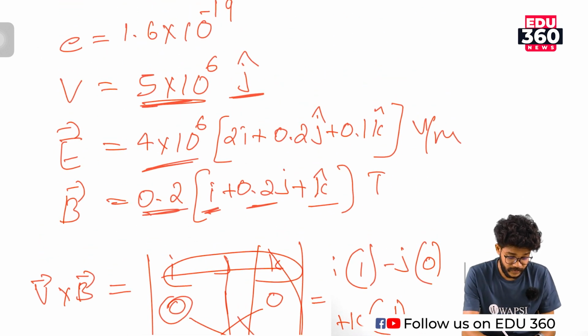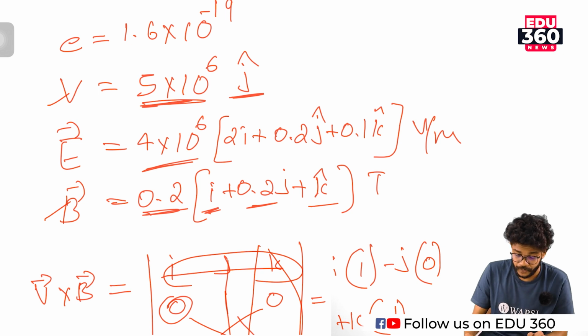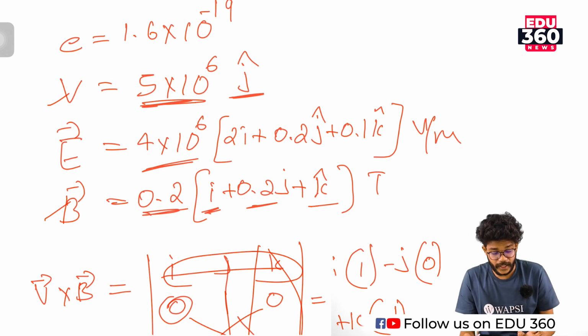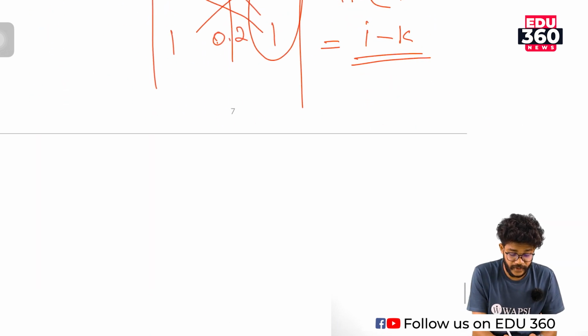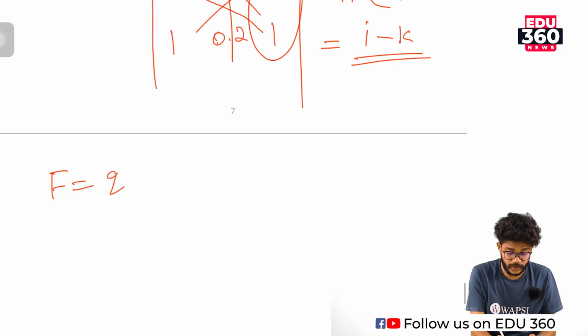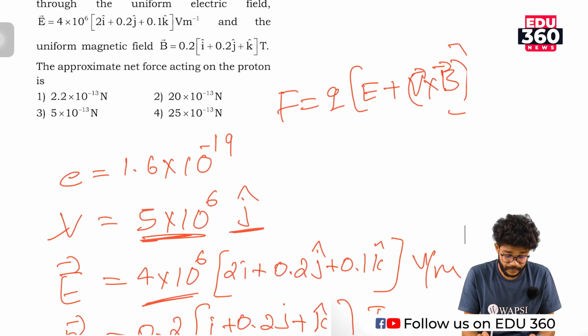V cross B. The magnitude is 5 into 10 raised to 6 and 0.2. So 0.2 into 5 is 1, so 1 into 10 raised to 6 is 10 raised to 6. So F is equal to q into, what is E?